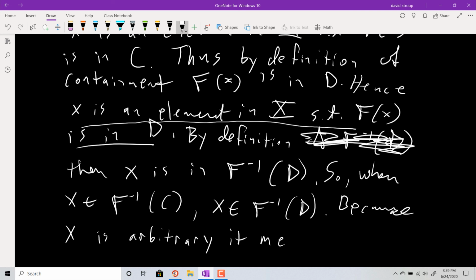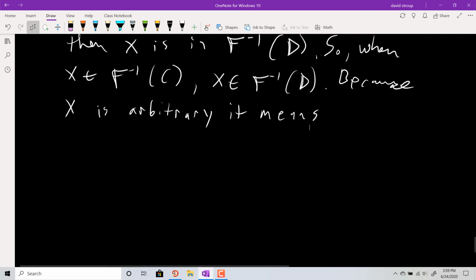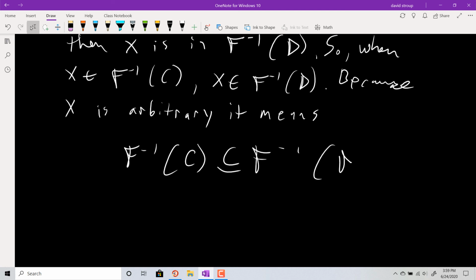It means that F inverse of C is contained in F inverse of D.